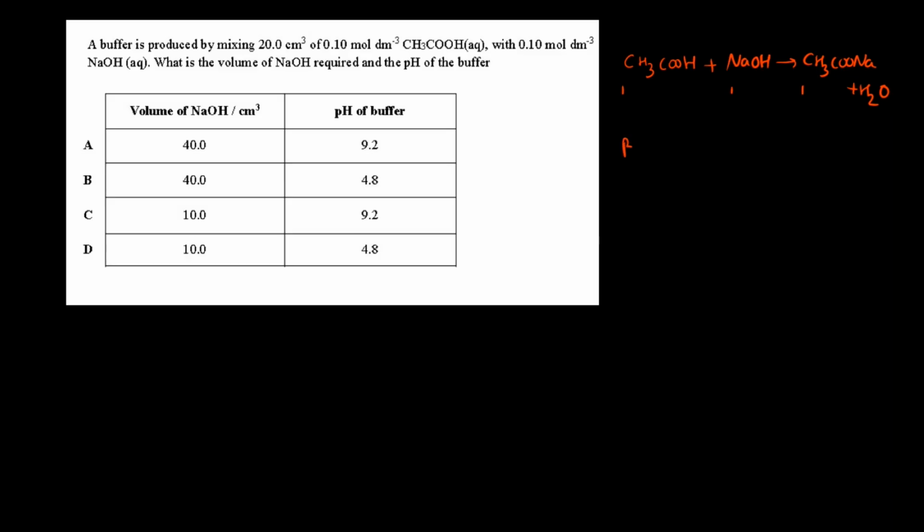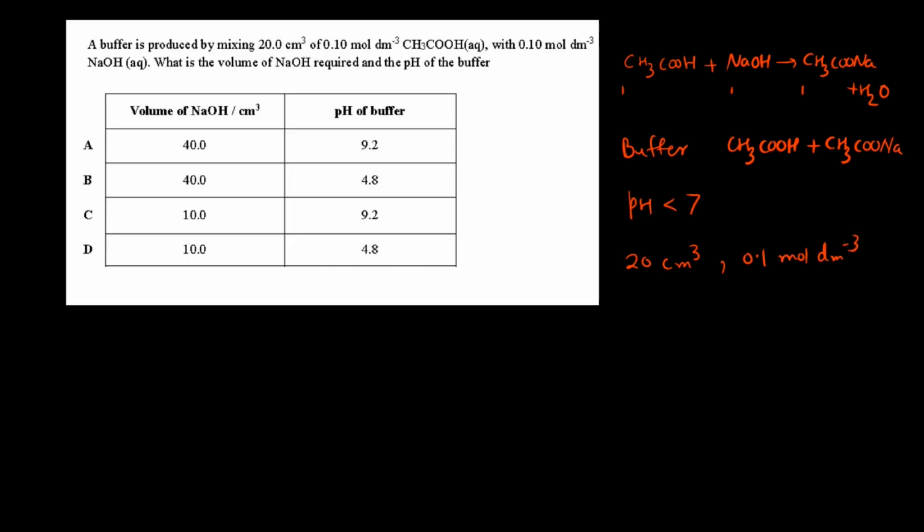Here our buffer will be acetic acid with sodium acetate, so this is an acidic buffer. Acidic buffer means the pH will be less than 7, of course. Then the volume of acetic acid is given and the concentration is given, 0.1 mole per dm cube.